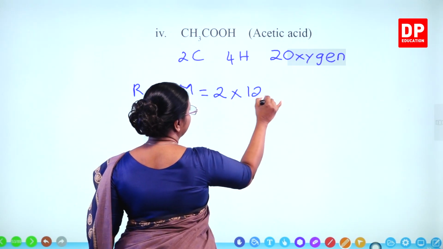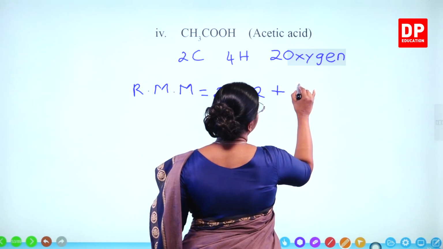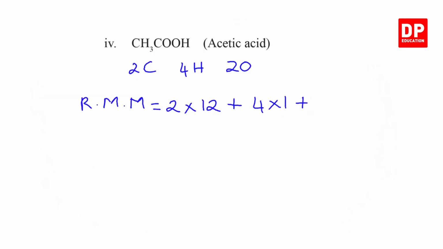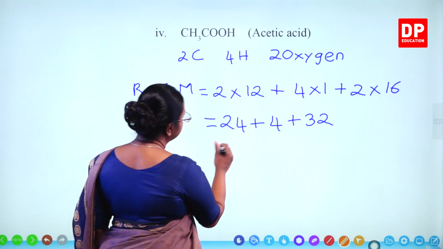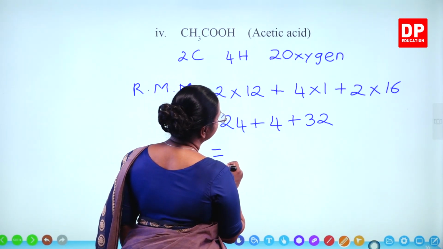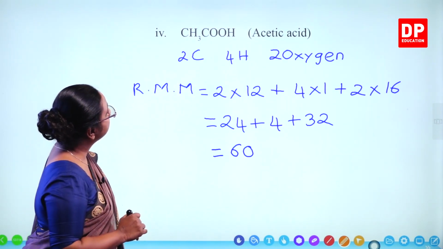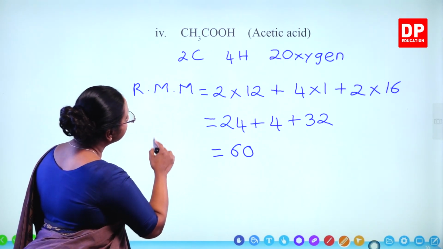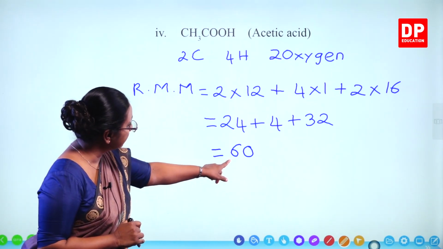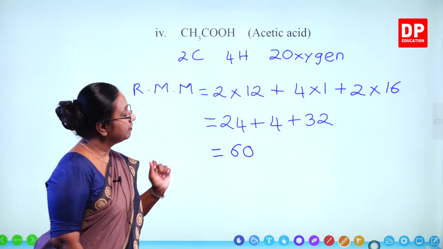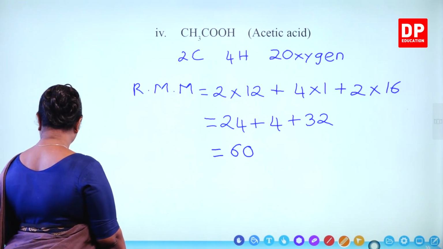Carbon 2 times 12 plus hydrogen 4 times 1 and oxygen 2 times 16. So that is going to be 24 plus 4 plus 32. So when you add these together, students, the value will be 60. So the relative molecular mass of acetic acid is 60. With that, I will move on to the next one.